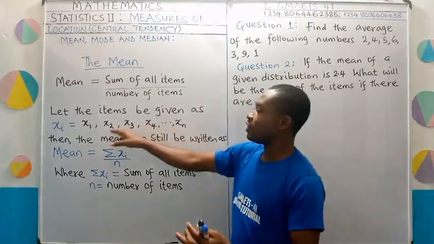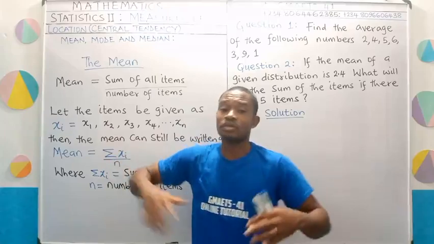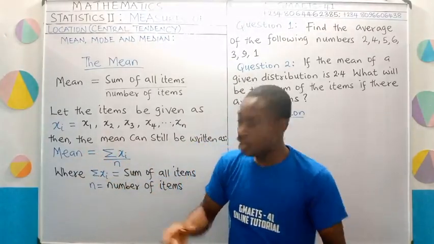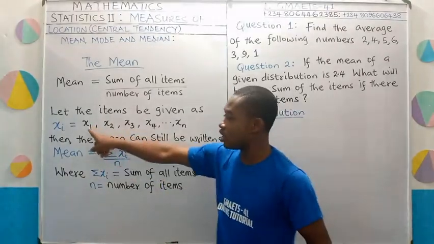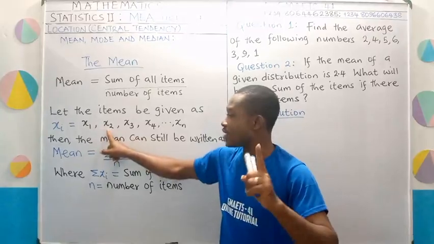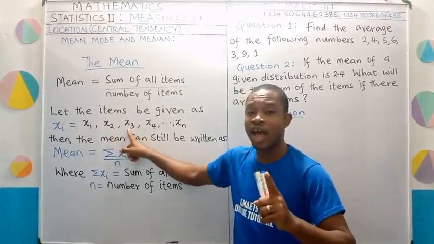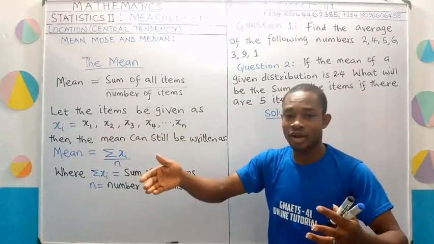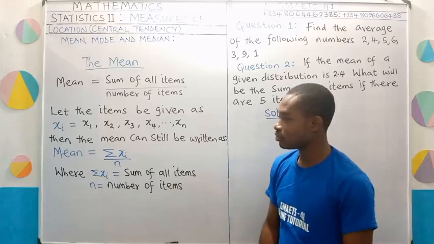Now we are calling all of these xi. Each of them represents xi, where here the xi is x1, here the xi is x2, in this case the xi is x3, down to xn. xn means the last number or the last observation.